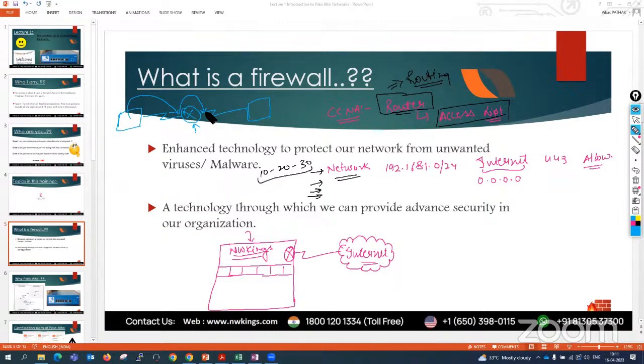Now, the moment we started creating ACLs on the router, although it was not the basic functionality of a router, it still supported the ACL. It has given us another free hand, where we can take help of the router to do basic ACL and basic filtration of the traffic.